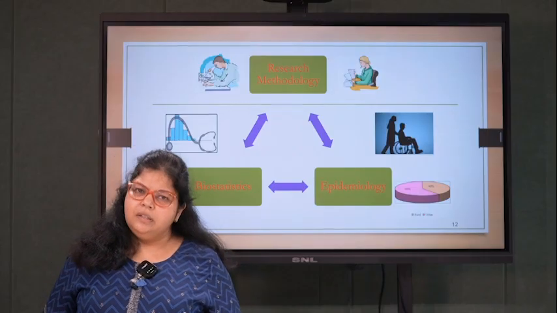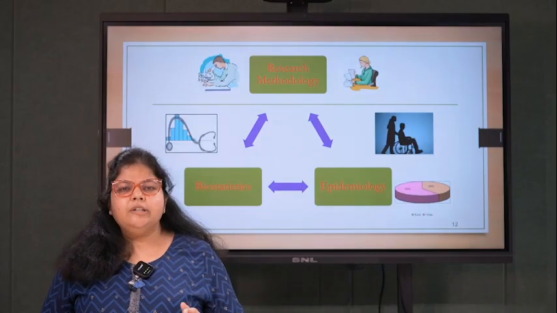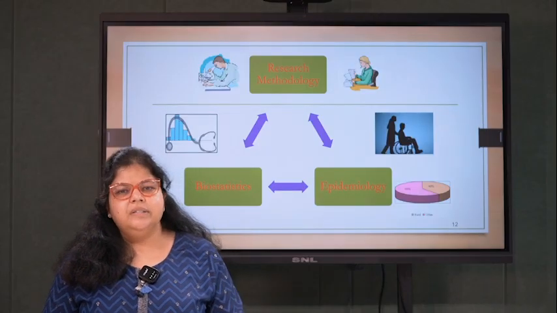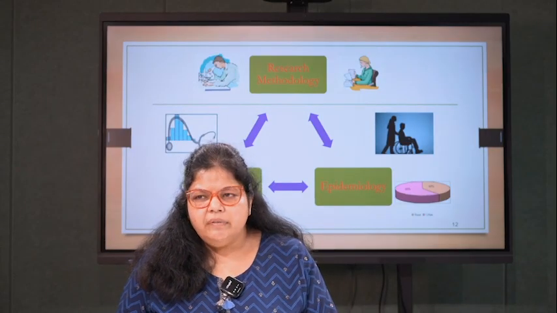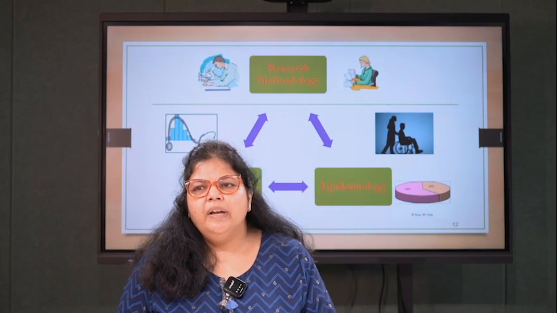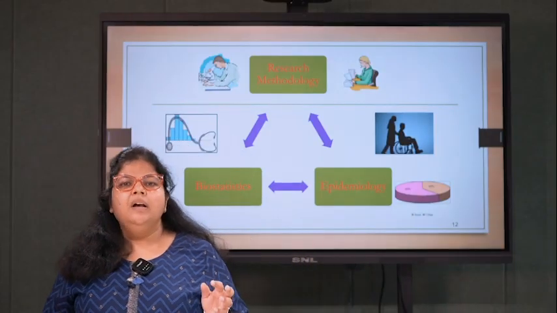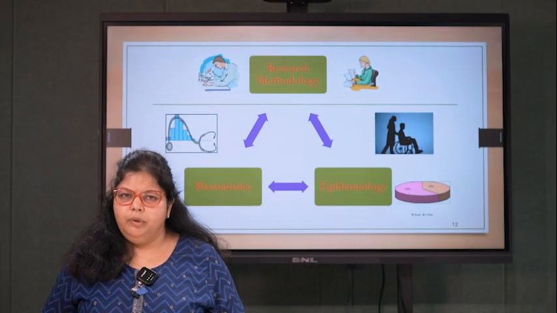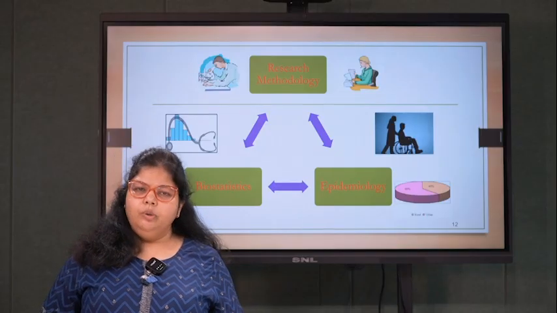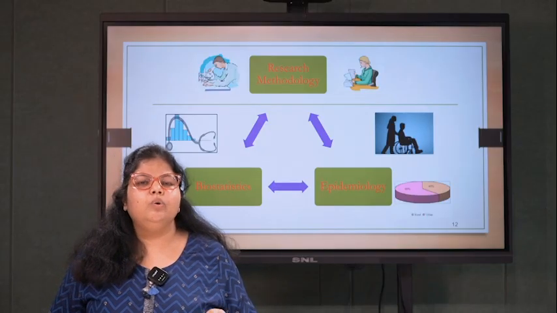The second step is research methodology, where you scientifically form a research based on the data or survey that you previously have, and you can derive some figures, some amount or some frequency of that disease in that particular community. Now, as I've already told you, research methodology will give you only numbers.